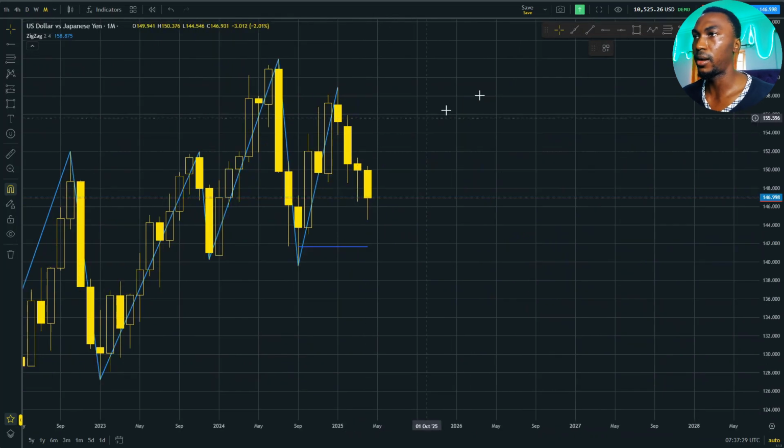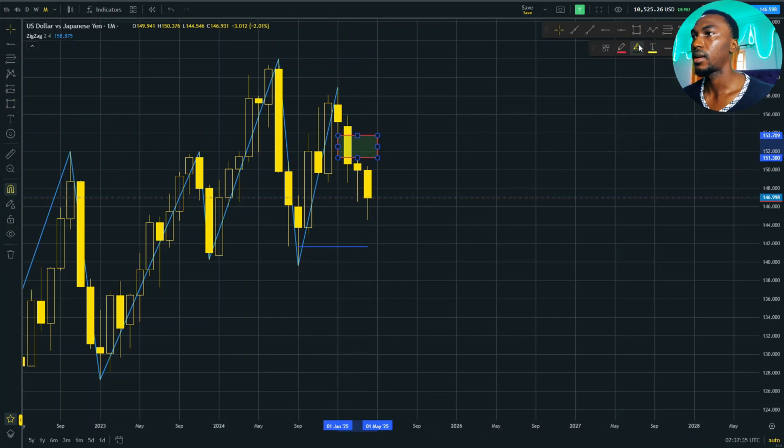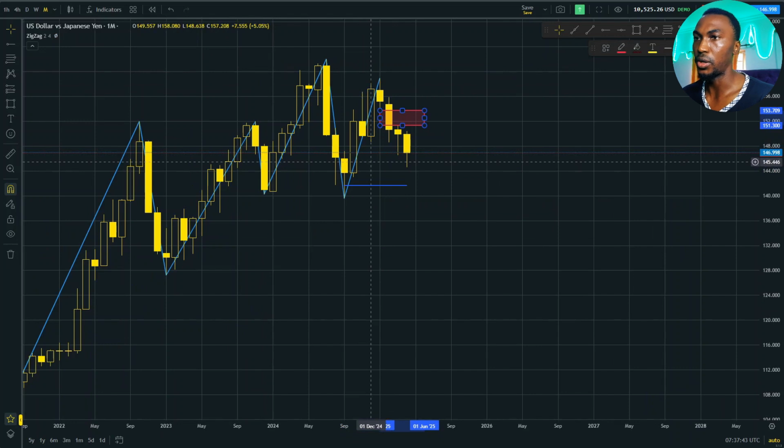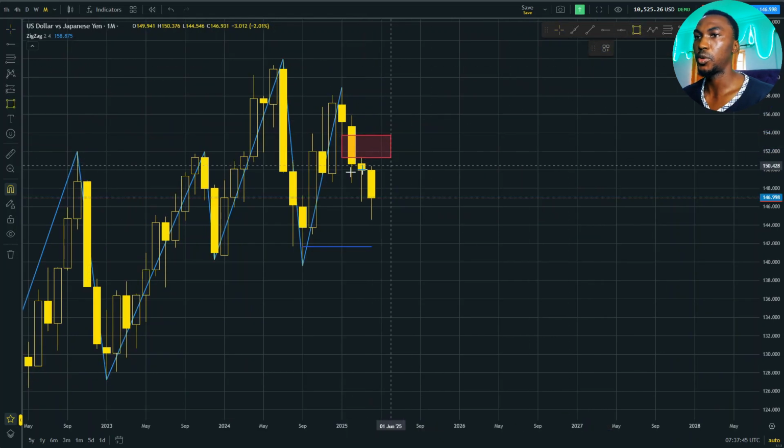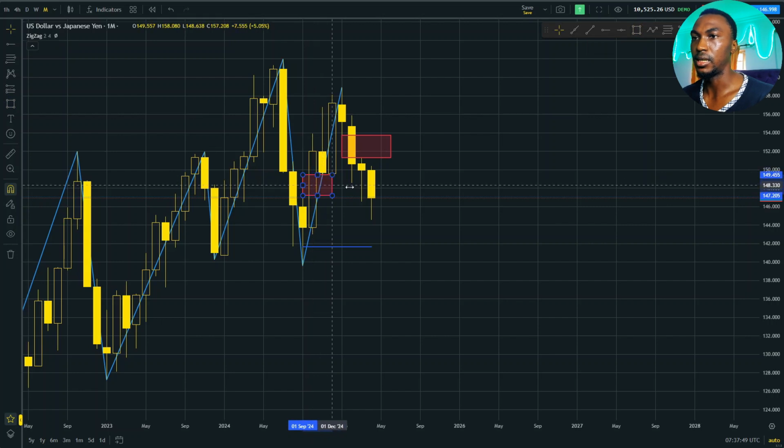Monthly, right? On the monthly, do I have a new context? Yeah, this is a new context right here. And with this heavy rejection, I'm already skeptical about this situation, right? I'm very, very skeptical about this situation holding its ground. But also, this happened, got mitigated here. If you see, this particular candle was a good mitigation.